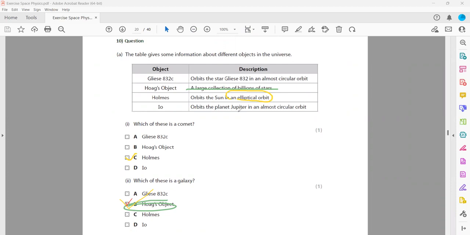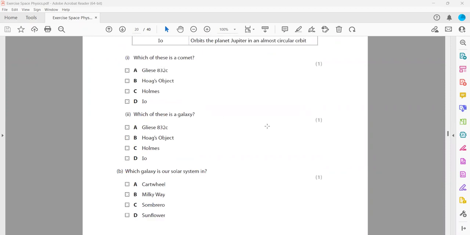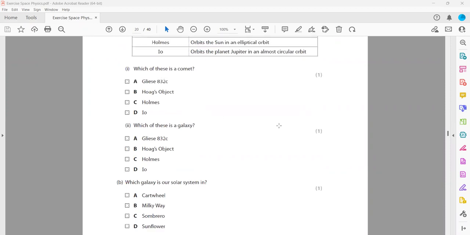Then, orbits the planet Jupiter in an almost circular orbit, so this should be a moon. And orbits the star, so this should be a planet. Remember one thing: always consider the orbits of planets to be circular and the orbits of comets to be elliptical. The last one, which galaxy is our solar system in?